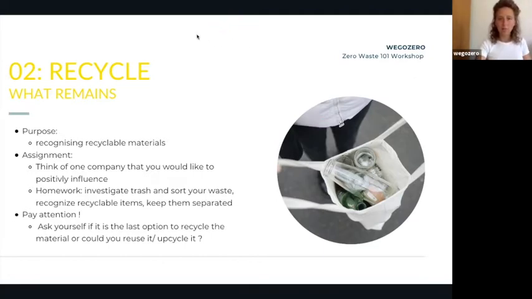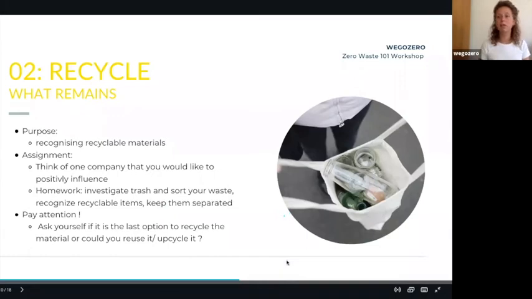And what is the purpose of this practice? It's mainly recognizing recyclable materials. So what materials are you already recycling? Or are you recycling no materials yet? That's also fine. It's nothing that anyone should be judged for, because we're all here to learn. And maybe you can again share in the chat what you're already recycling.